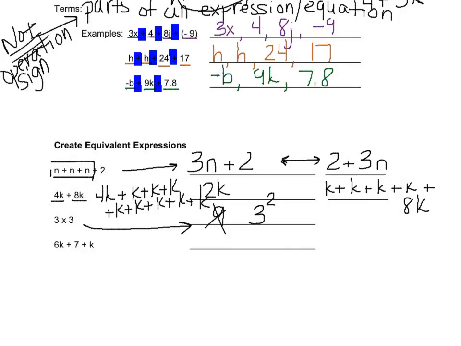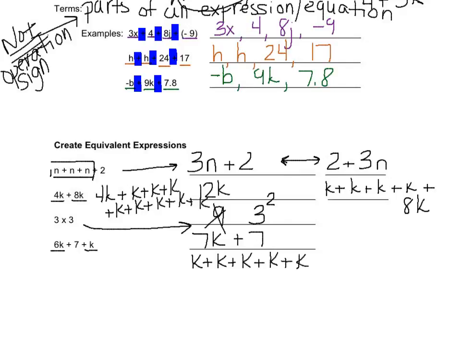All right, and the last one, just kind of like the second one, we have a couple of options. I can look for what I can combine, which are my K's. It's probably the easiest. So that gives me 7K plus 7. But I could separate everything out. So it's long, but I can do 6 K's.